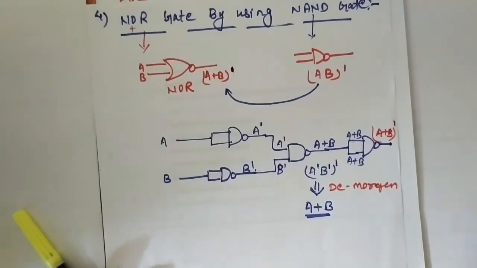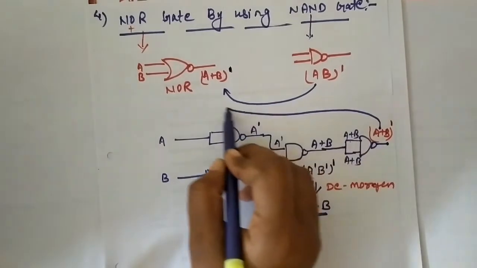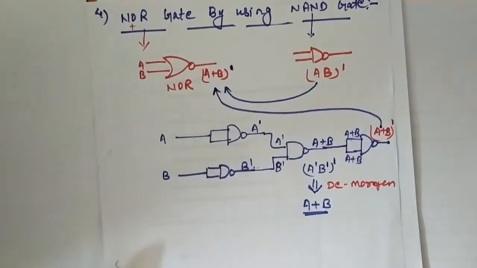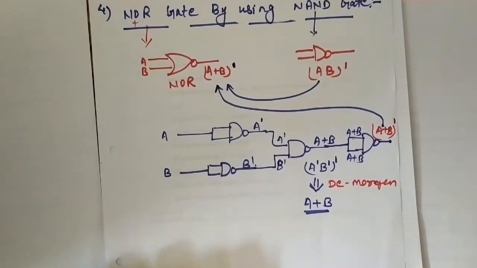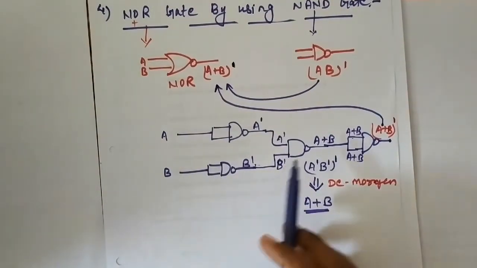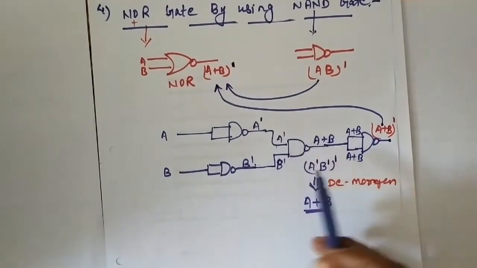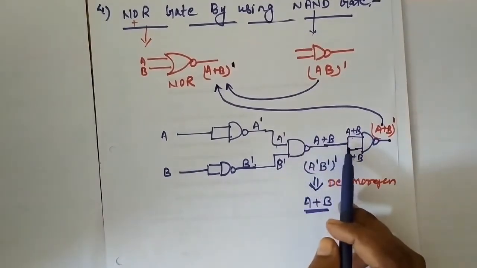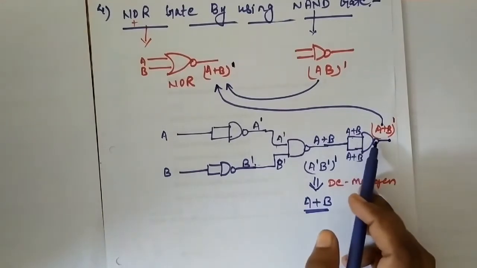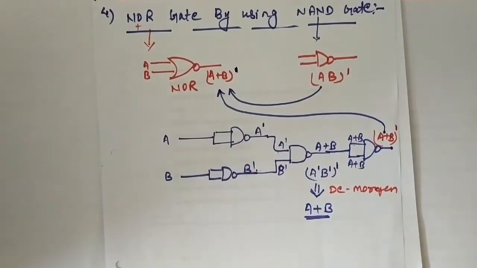This is the final output, and this is the output of NOR gate. So firstly we have to use one NAND gate and one more NAND gate, and here we combine with the NAND gate, and for the one more dash we use a NAND gate. So this is the method for converting NOR gate by using a NAND gate.